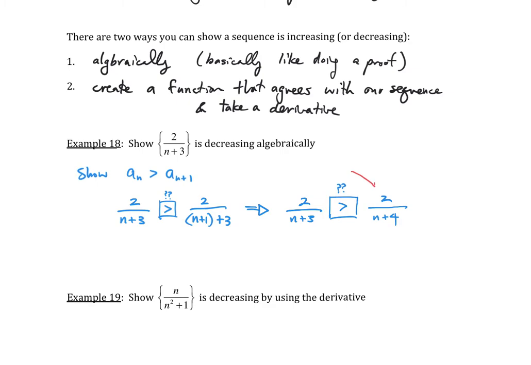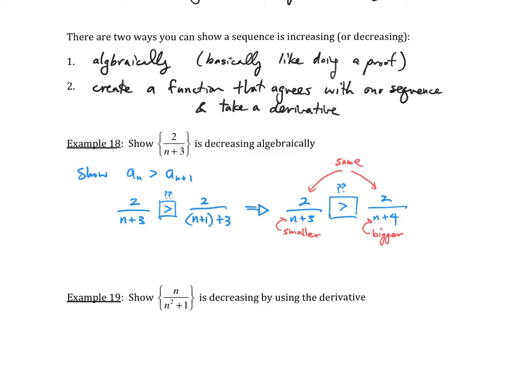If you look, the numerators are the same, but the denominator is bigger on the right, whereas the denominator on the left is smaller. So anytime you have the same number in the numerator, but the denominator is smaller on one side, that means this whole fraction is going to be bigger, right? Just imagine if you had a pizza, if there were only 2 people, each of you gets half a pizza. But if there's 3 people, each of you only gets a third. So you get less pizza if you have a bigger denominator.